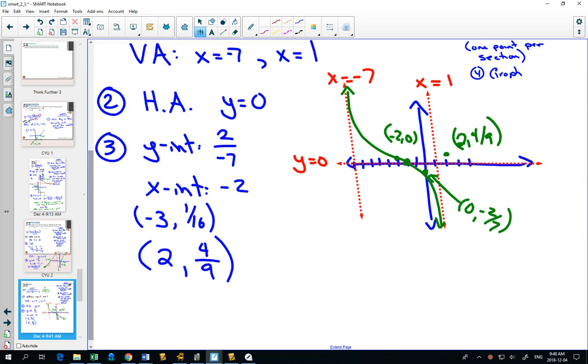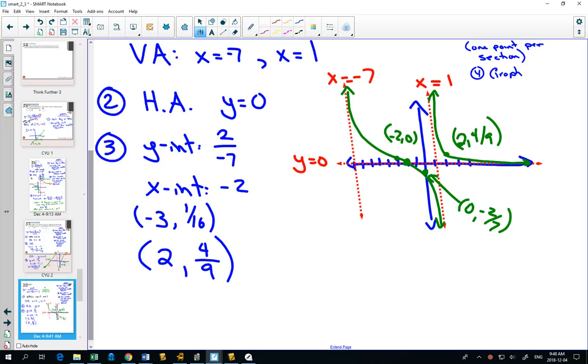And as soon as I have that point there, I can draw it towards the asymptotes. I know it can't go down because then I would introduce another x-intercept, and I found all the x-intercepts that there were.